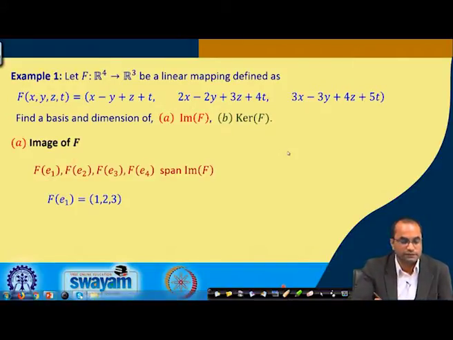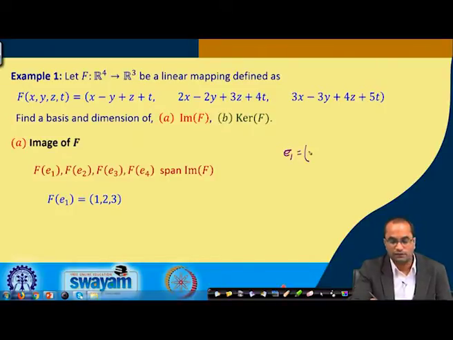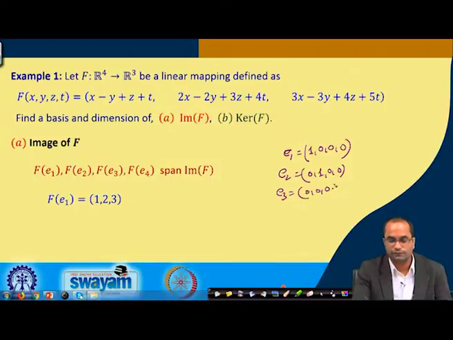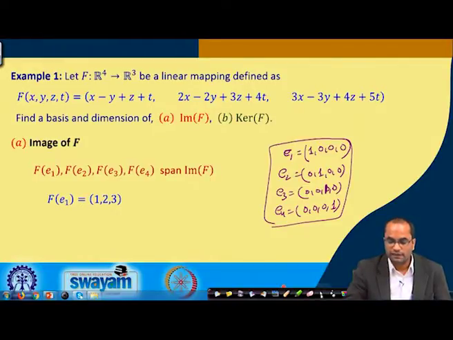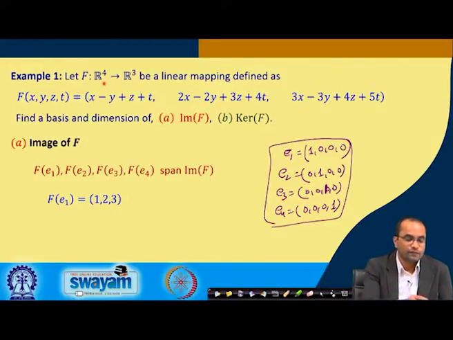Remember that e1 is the standard vector (1, 0, 0, 0) from R^4, e2 is (0, 1, 0, 0), e3 is (0, 0, 1, 0), and e4 is (0, 0, 0, 1), where the first three components are 0 and this is the fourth one.